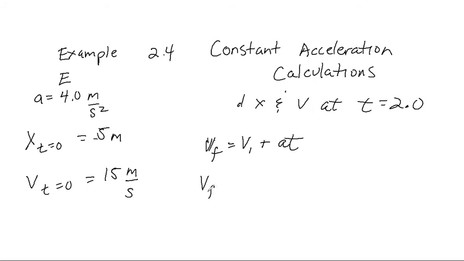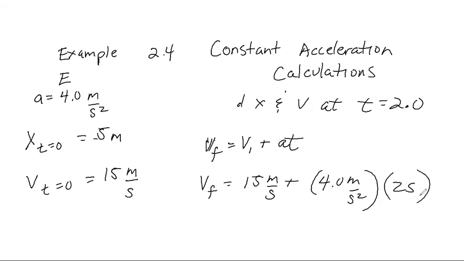So VF equals 15 meters per second plus 4.0 meters per second squared times 2 seconds. Doing the math on that gives us 23 meters per second. VF equals 23 meters per second. And note, this is an expression for velocity, so its units are meters per second.